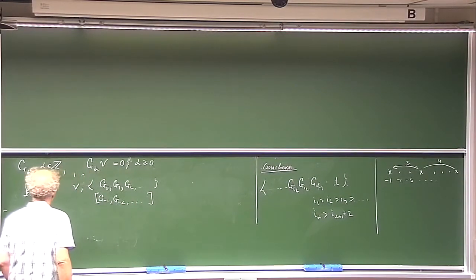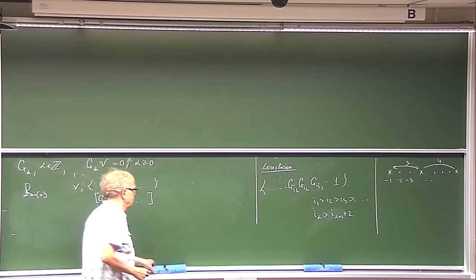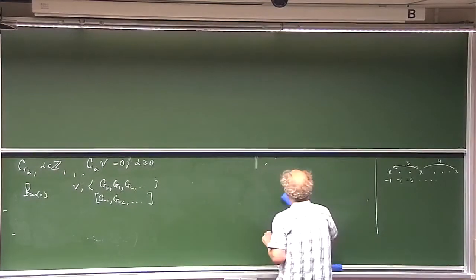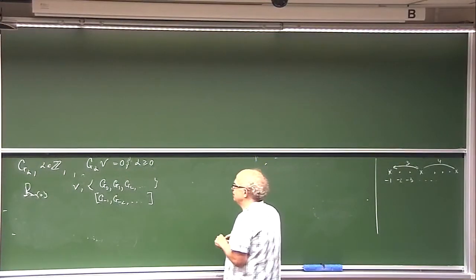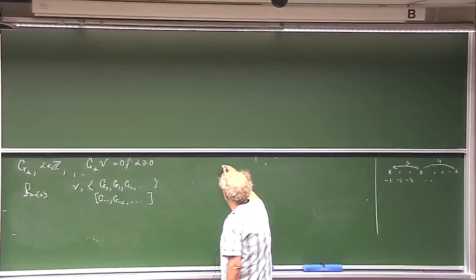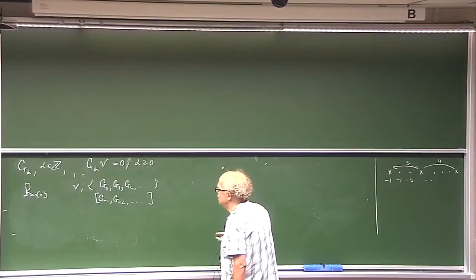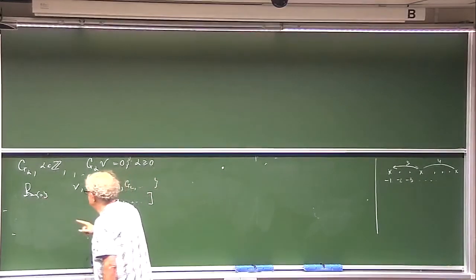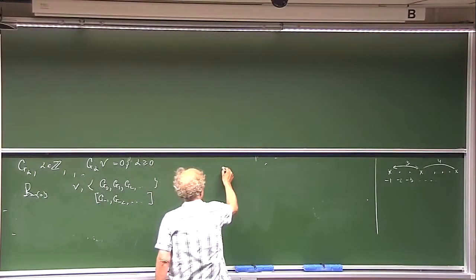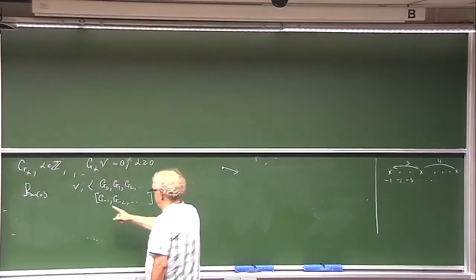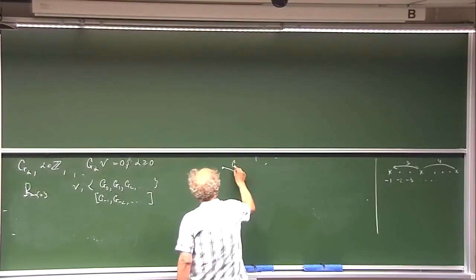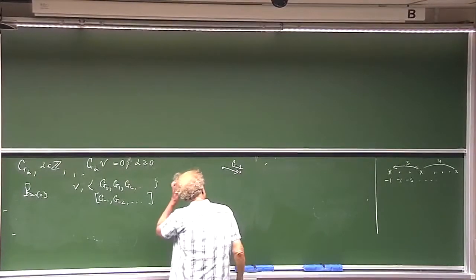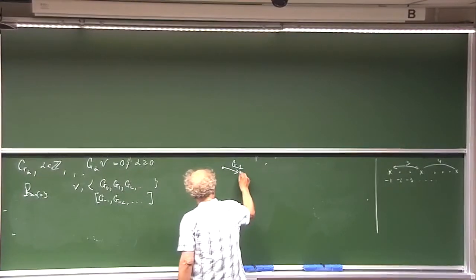Let us look at this representation. In this representation, I have one highest weight vector, and the first non-trivial thing which acts here is the first component. This is G minus 1. And so it gives me this vector.